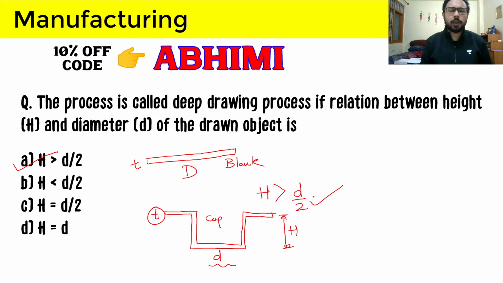Conditions is something that you cannot just think about. You have to just remember them, because these are the standards that have been made to define a process. And for this particular deep drawing process, height of the cup should be greater than half the diameter of the cup for the process to be called deep drawing.